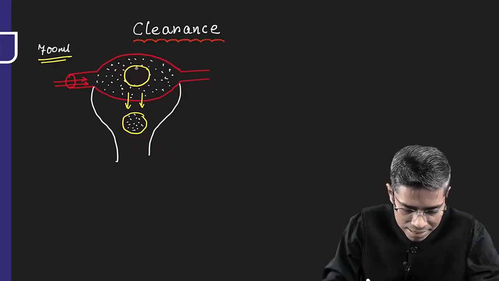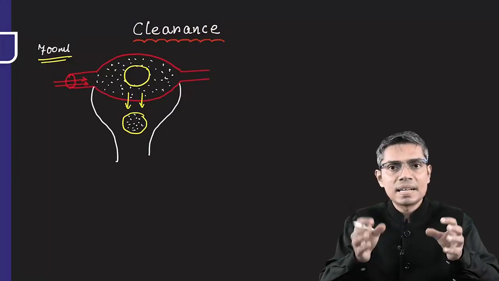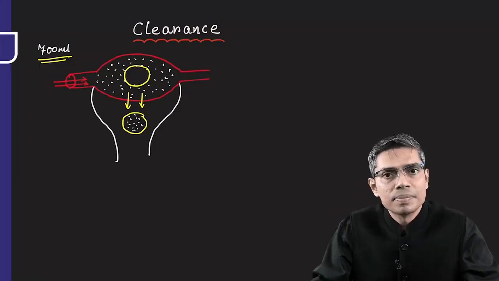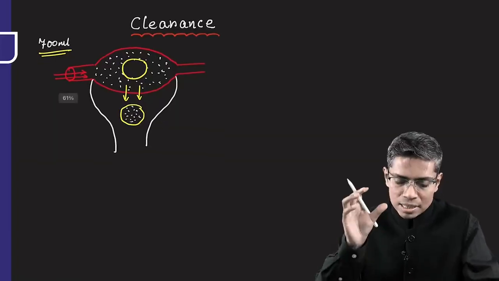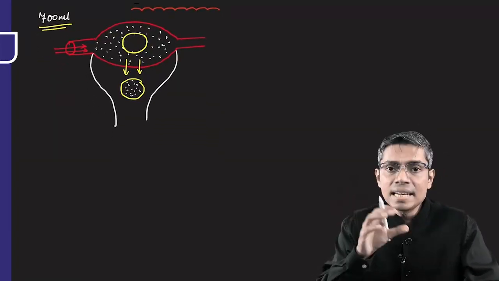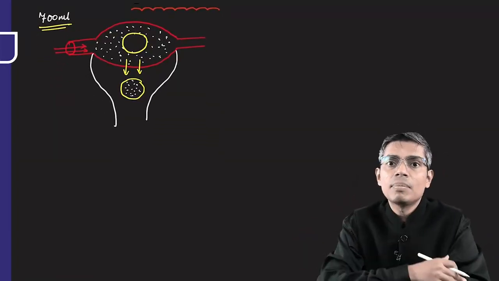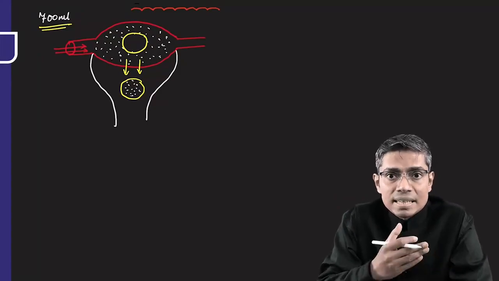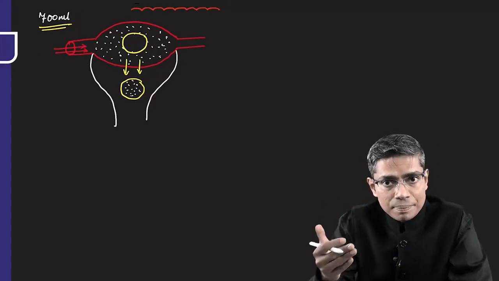The creatinine is getting cleared from this volume of plasma, and this much creatinine is reaching the level of Bowman's capsule. That is the meaning of filtration. So a certain volume of plasma is getting cleared off at the glomerular capillary, right? And that clearing is due to filtration, okay?